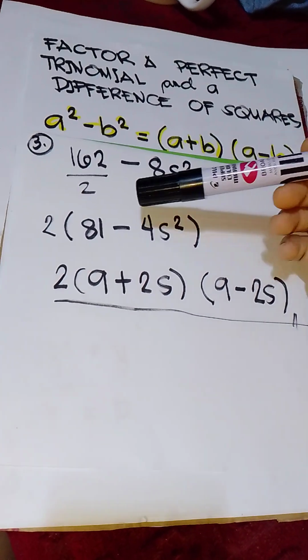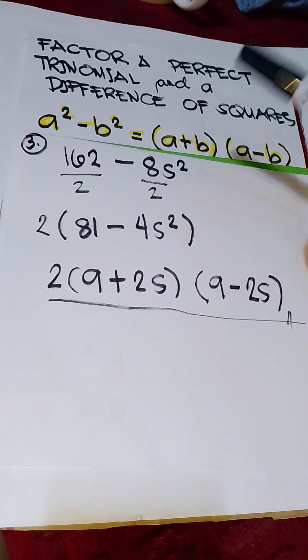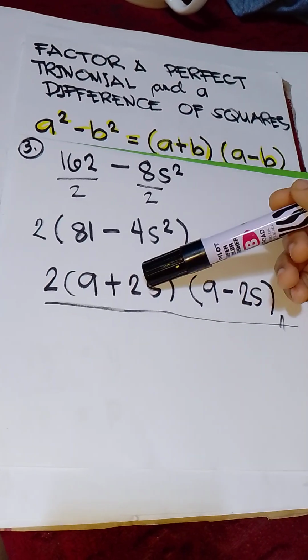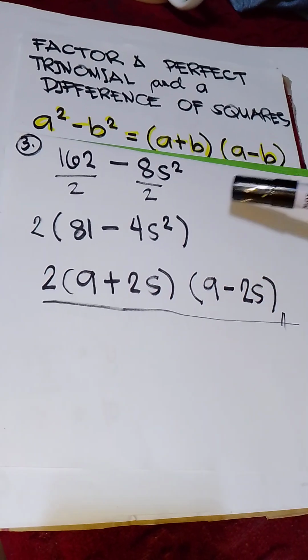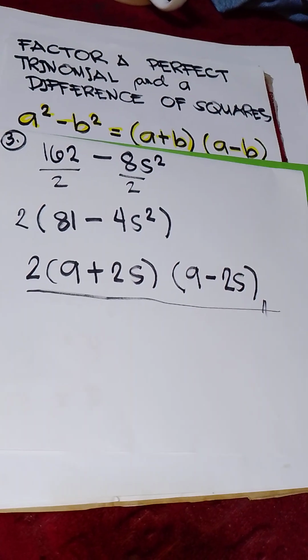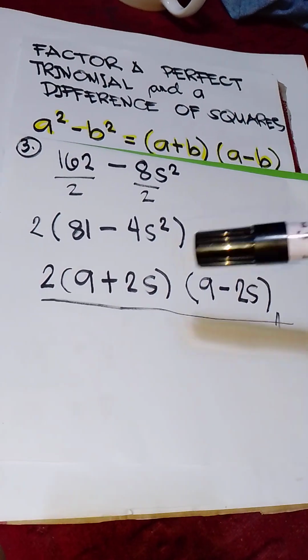Since 81 and 4s squared are perfect squares already, we proceed following the format: 9 plus 2s and 9 minus 2s.